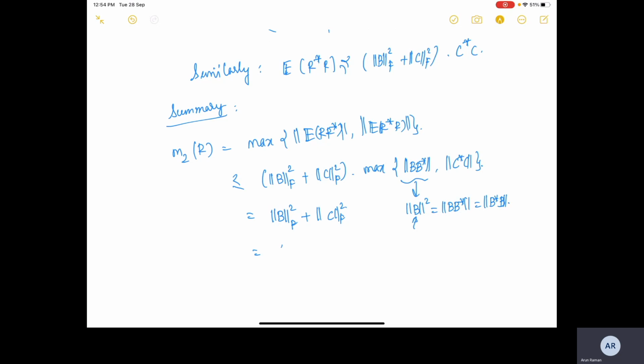So this is what we have. So we can write this as 2 times the average stable rank.